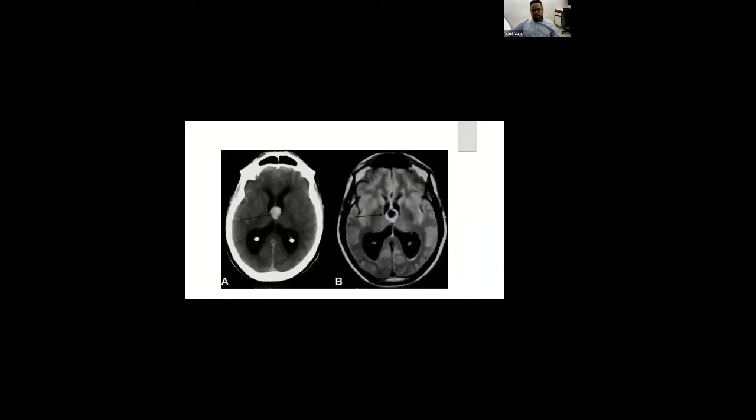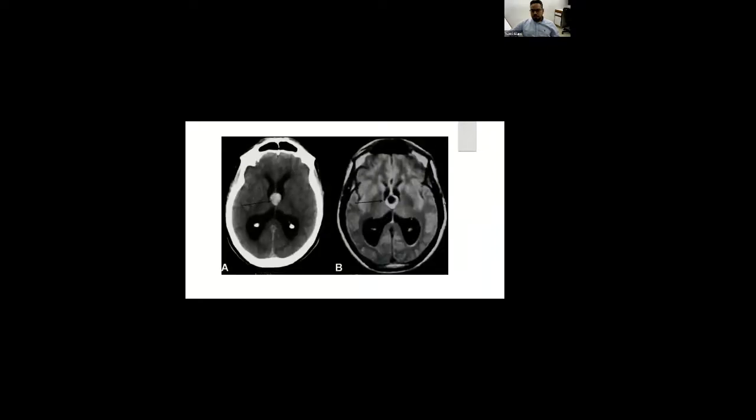Congenital hydrocephalus is the one which is present at birth, and some of the causes are aqueductal stenosis, colloid cyst. So this is a case in which these are axial CT and FLAIR sequences. In the axial sections of the CT, you can see that there is a hyperdense area within the foramen of Monro.